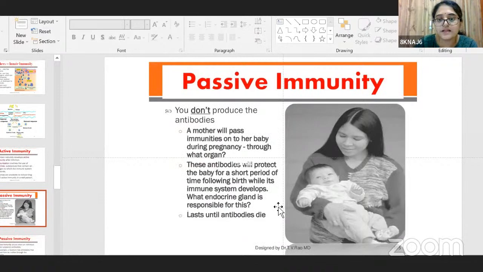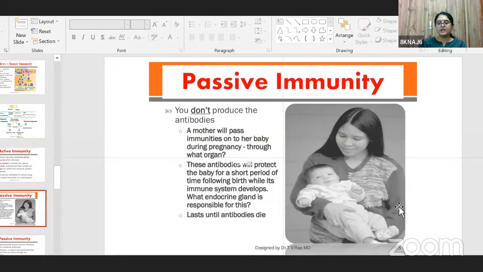Passive immunity is where you're not directly producing the antibodies. The mother passes this kind of immunity through pregnancy. These antibodies will protect the baby for a short period of time right after the birth, because the immune system develops better only after exposure to pathogens around, which is not taking place in the womb.